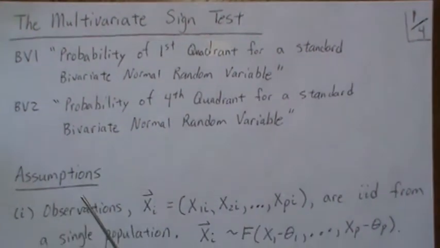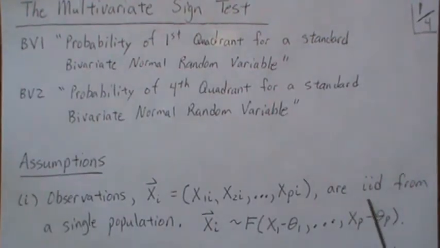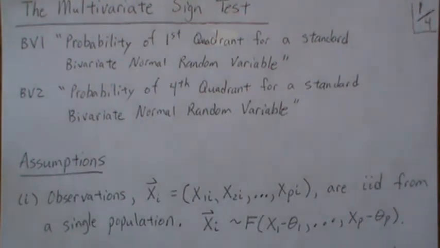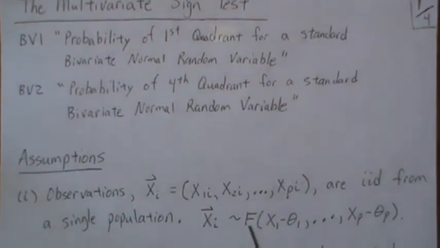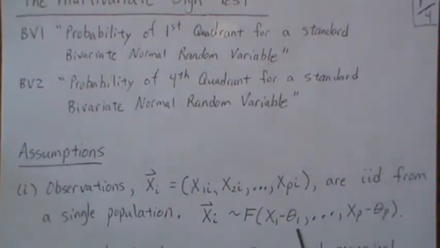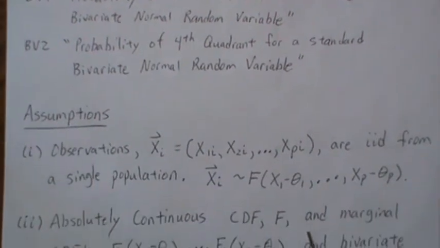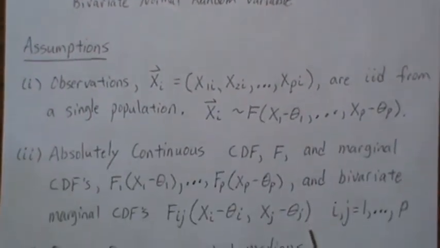So the assumptions are that our observations are IID, so we're looking at a vector, and it's from a single population, and the CDF can be written like this. The second assumption is that these are absolutely continuous. So the CDF F is absolutely continuous.